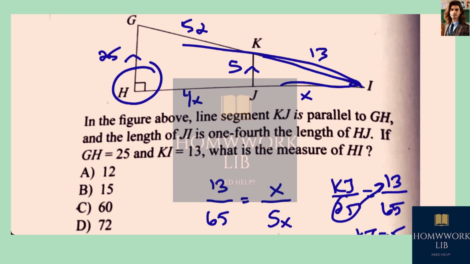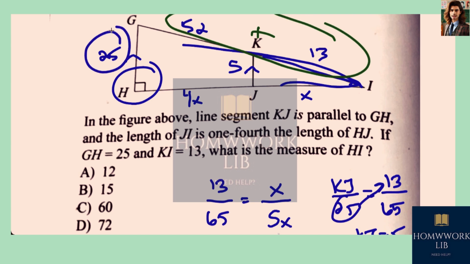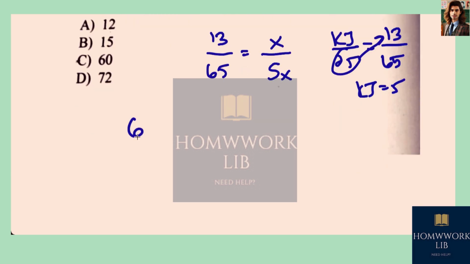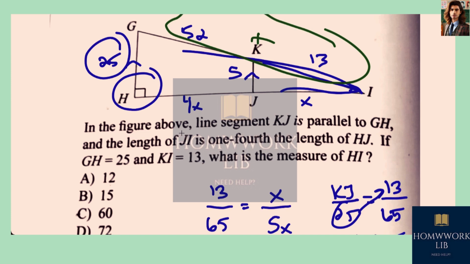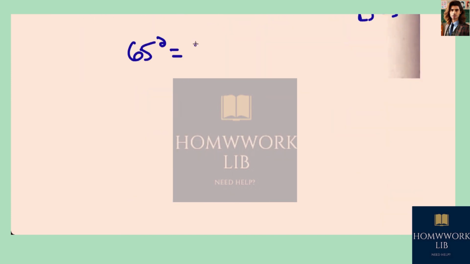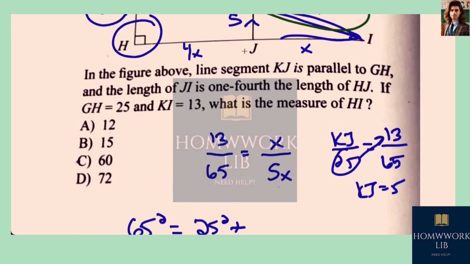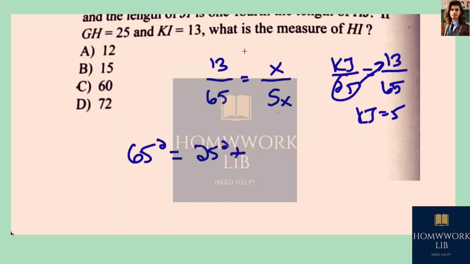You will need to know the hypotenuse is 65 and we've got a leg here of 25. So the hypotenuse squared is equal to 25 squared plus HI squared, because HI is a full leg of the triangle.